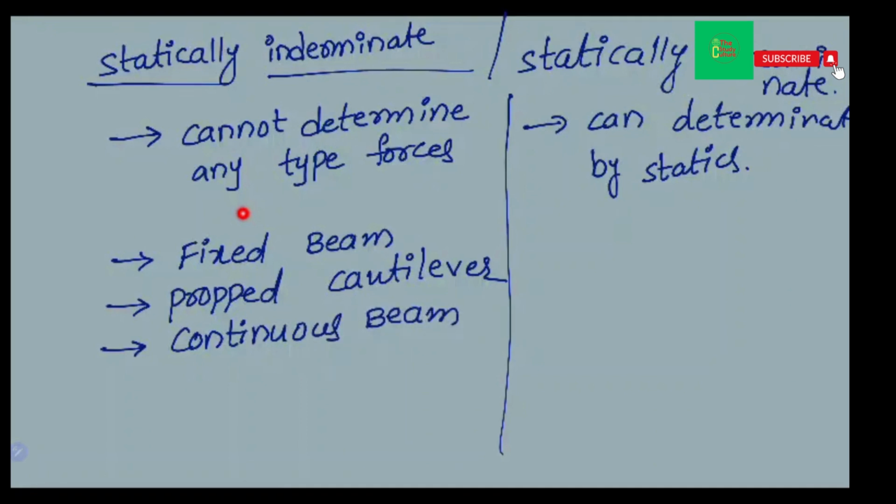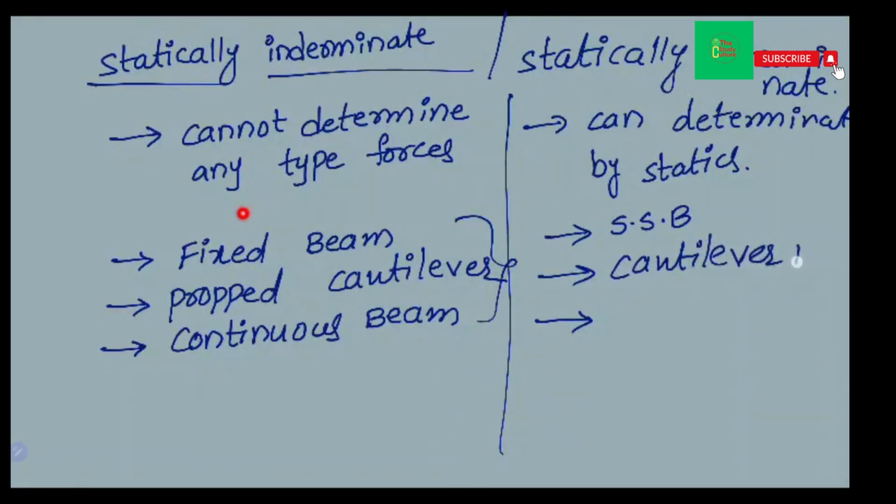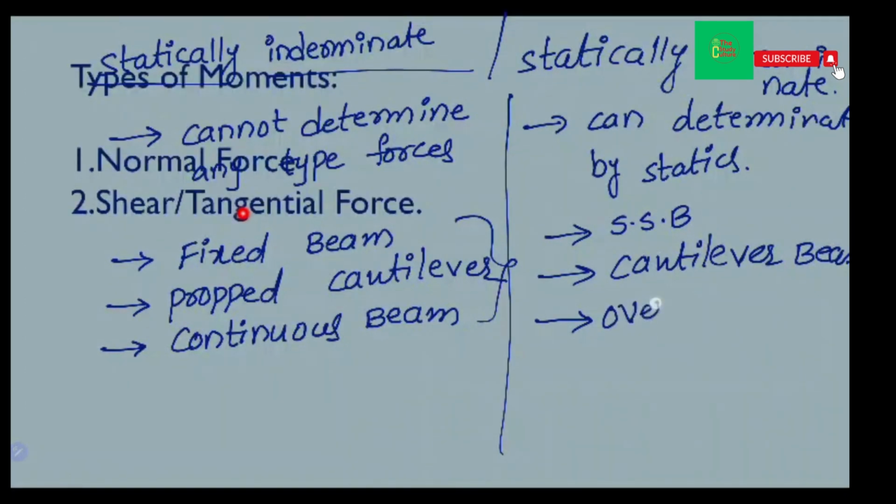These three beams are indeterminate structures. That means the forces cannot be determined by statics alone. And in statically determinate, there are three types of beams: simply supported beam, cantilever beam, and overhanging beam.